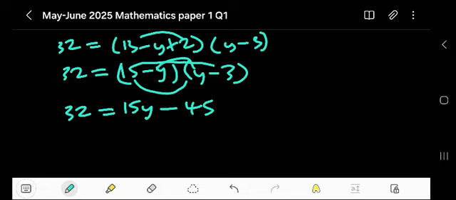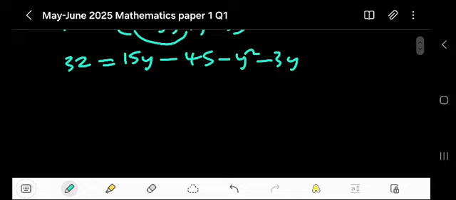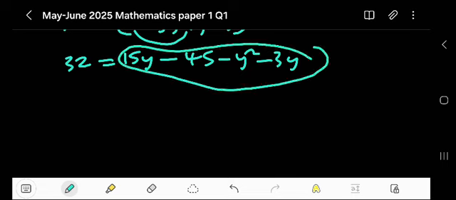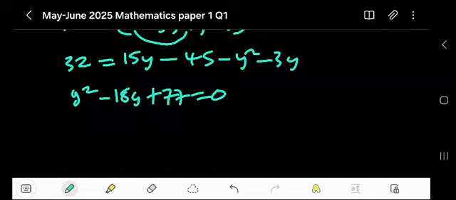If I'm not mistaken, multiply that will be minus y squared. Then that will be, if I'm not mistaken, plus 3y. This is what I will have. Then I will write this in the standard form. I can take all of this to the other side. So I will have y squared minus 18y plus 77 equals 0.